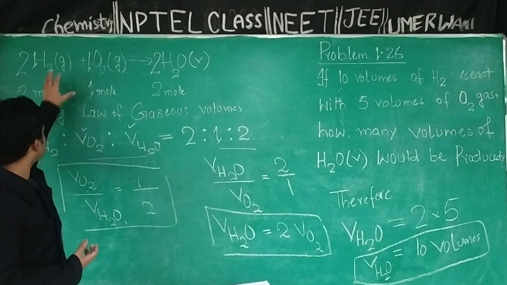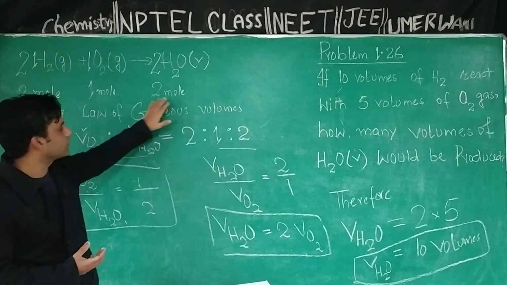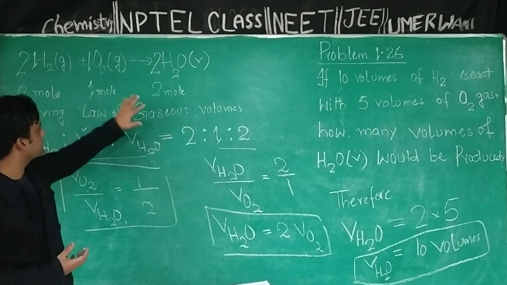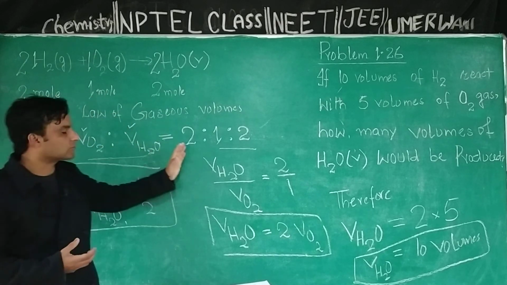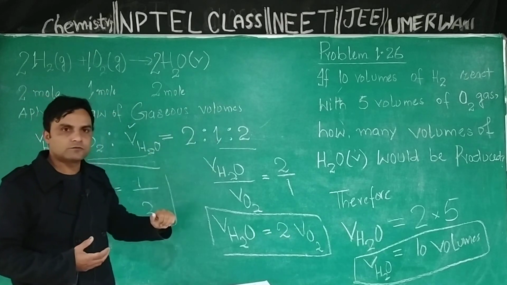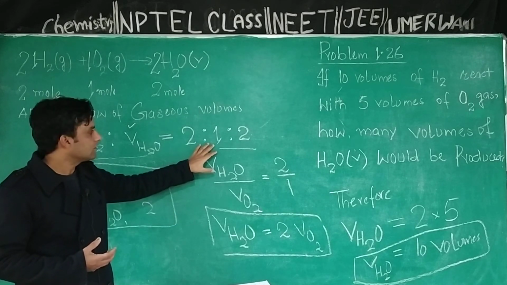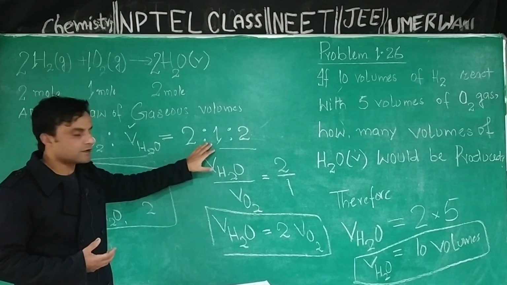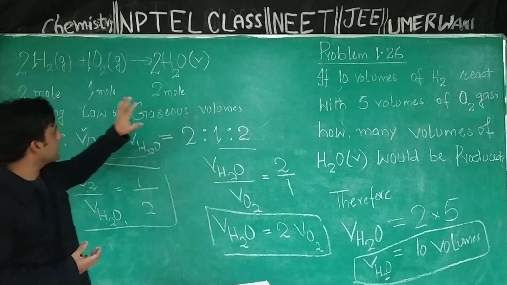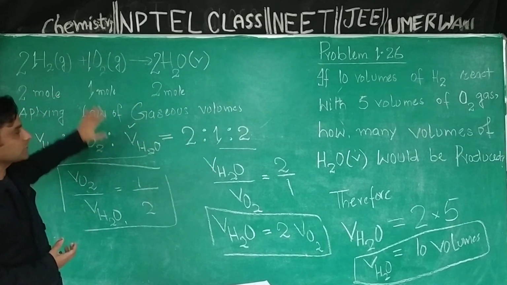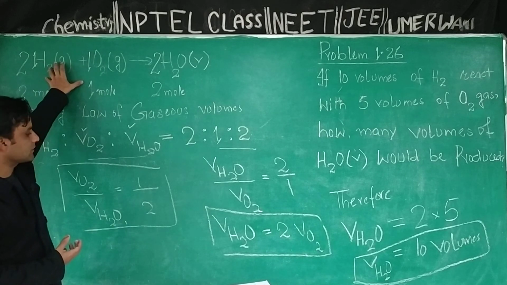Now from reaction stoichiometry I got the ratio of moles, which is 2:1:2, therefore the ratio of volumes will also be equal to 2:1:2, which is a simple and definite ratio, and this ratio will remain always fixed for this particular gaseous reaction.